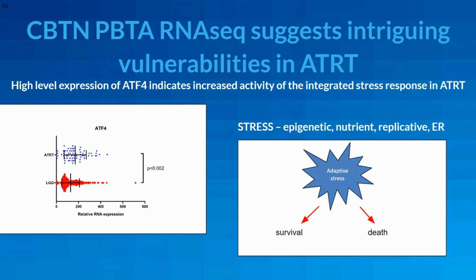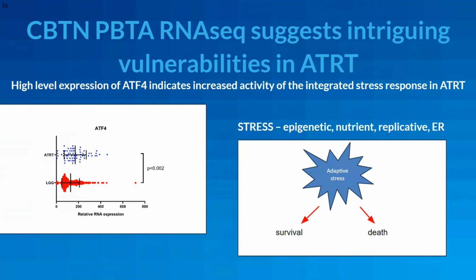We can tell you that oftentimes in the brain, but not in culture, the cells are in a nutrient deficient environment and are stressed. And we can also tell you that because they're growing fast, they have replicative stress. And because they're making lots and lots of proteins, they have endoplasmic reticulum or ER stress. So there's a lot of stress, and that's what's shown here in this graph that ATF4, which is the key readout, is much higher there than it is in low-grade glioma.